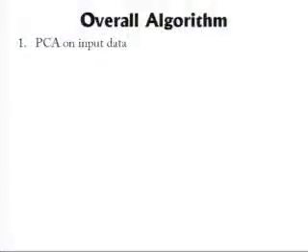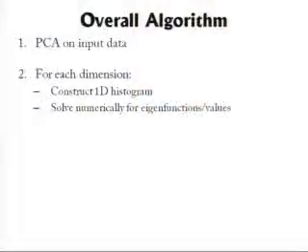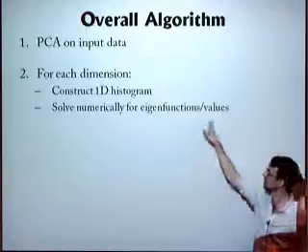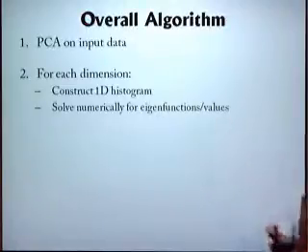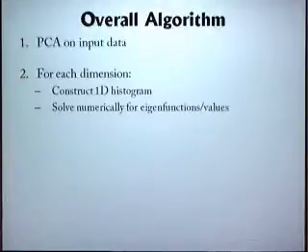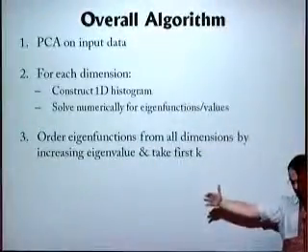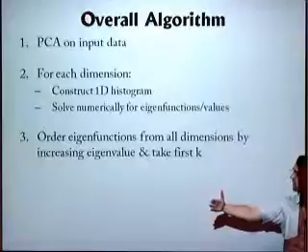So just to summarize the algorithm, we take our input data and do PCA on it to rotate it, and hope to make it more separable. Then for each dimension of our PCA data in turn, we construct a one-dimensional histogram, just to get the marginal density. Then we solve numerically for the eigenfunctions and their associated eigenvalues of each of those dimensions, those wiggly green curves I was just showing. Then we use the eigenvalues we've computed to sort the eigenfunctions from all the different dimensions, and take the first k.